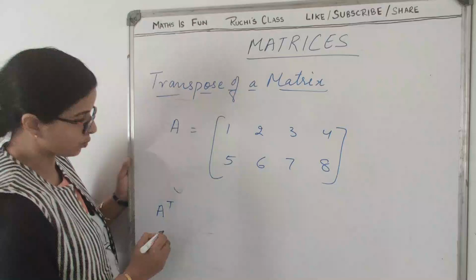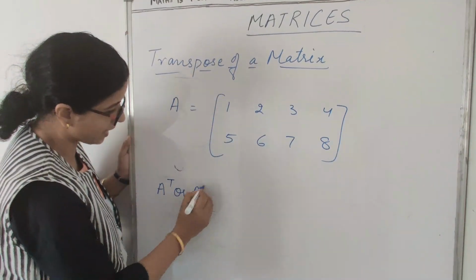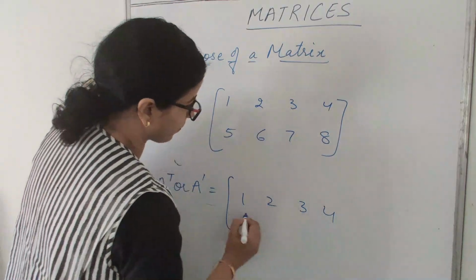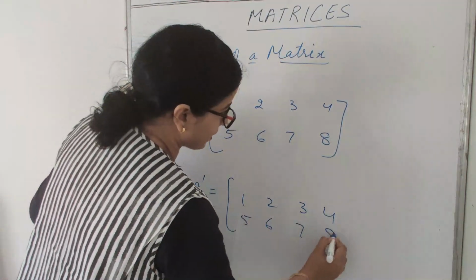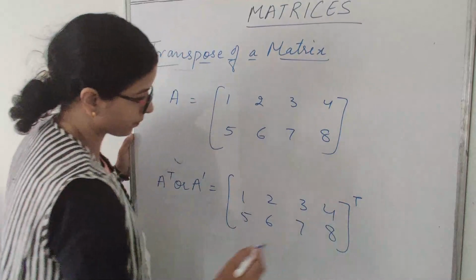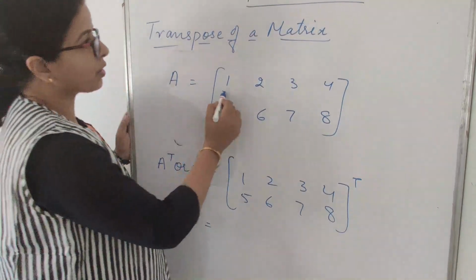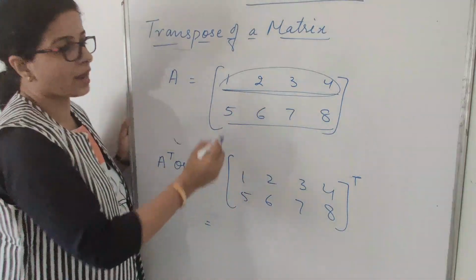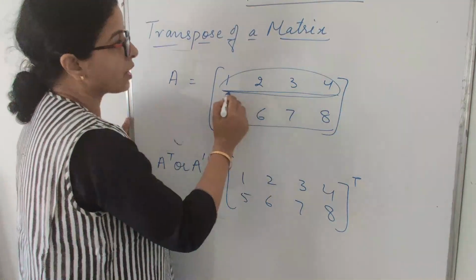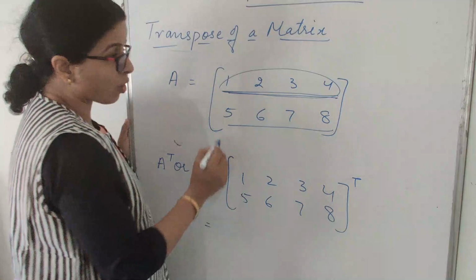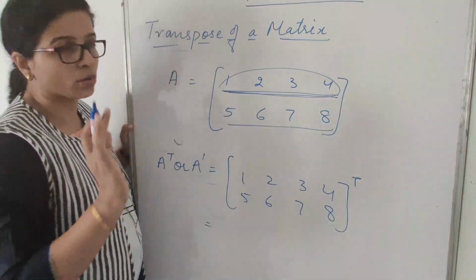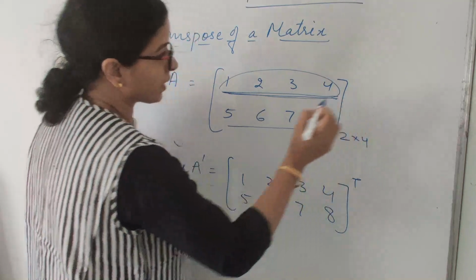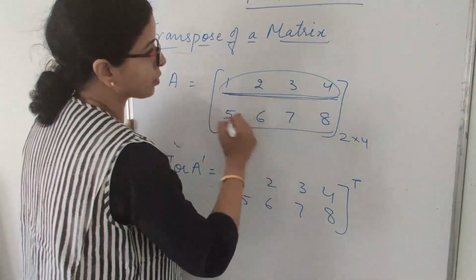So A transpose, or you can write as A dash, is equal to 1, 2, 3, 4, 5, 6, 7, 8 to the power T. Means your rows, these are your rows, horizontal are the rows and vertical are the columns. Your rows will become your columns and your columns will become rows. What is the order of this matrix? 2 cross 4, correct? 2 rows, horizontal rows.